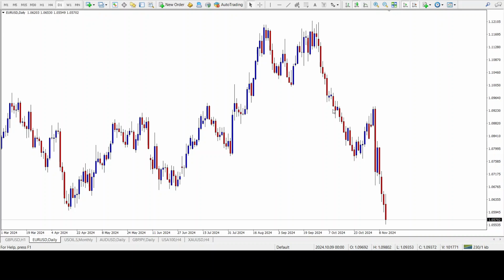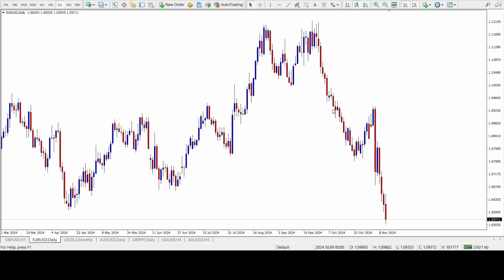After downloading the indicator file, you will have to copy the indicator file and paste it in your indicators folder. If you are using the MetaTrader platform, you will have to go to the data folder of the MetaTrader platform, and then go to the indicators folder specifically, and paste the indicator file in the indicators folder.